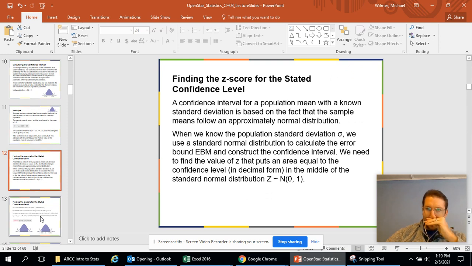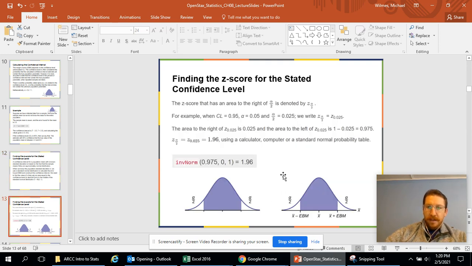Okay. So it's going to get a little more complicated though, because we need to find what's called the z-score to calculate this error bound measurement or error bound mean. Okay, so think back to our z-scores and our normal distributions with a mean of 0 and a standard deviation of 1. So let's look at this example.